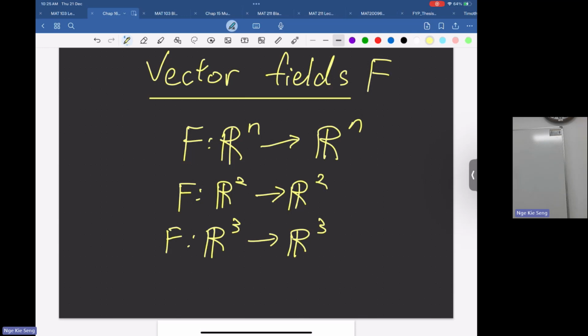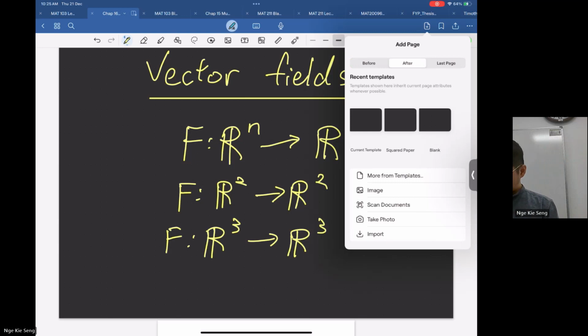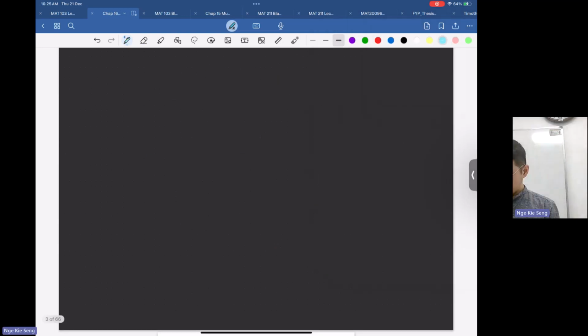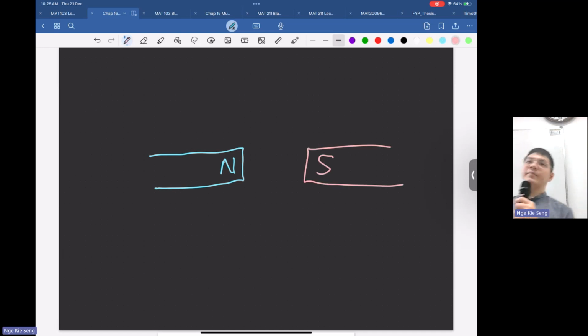You can think of the arrow pointing inward to the pole. Let me draw. Maybe you have this N, and then you have another one, S. If they want to attract, you can think of the force as coming in.